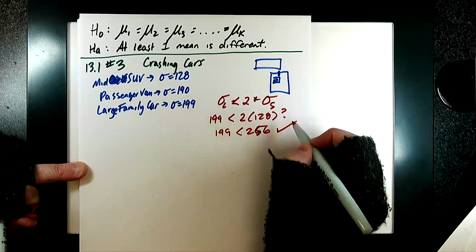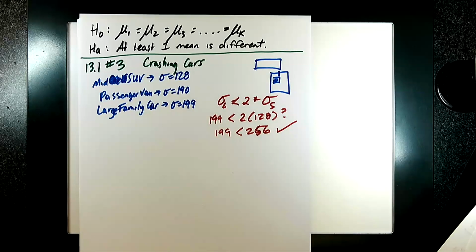So yeah, it's less than. So we meet that one. Does that make sense? And we'll check to see if you even need to do stats, summary stats in a second. I don't remember.